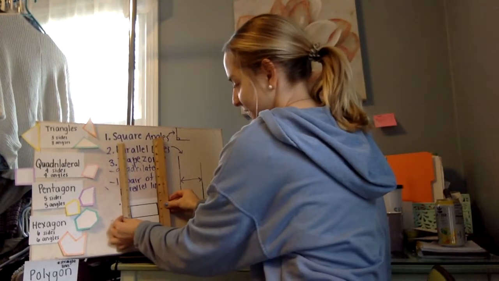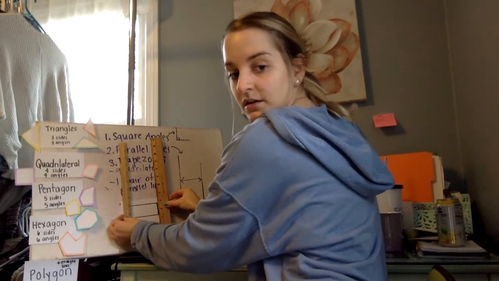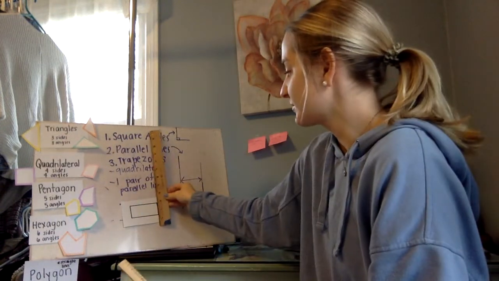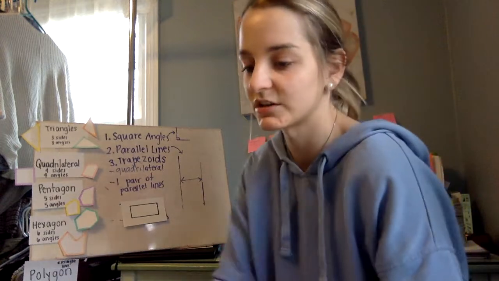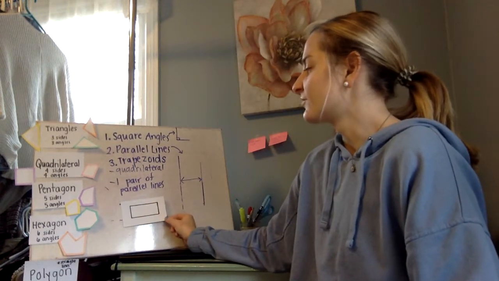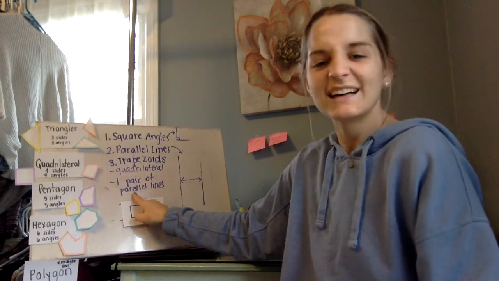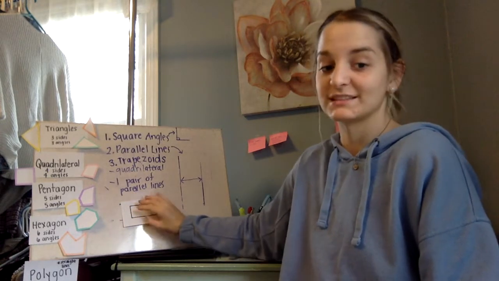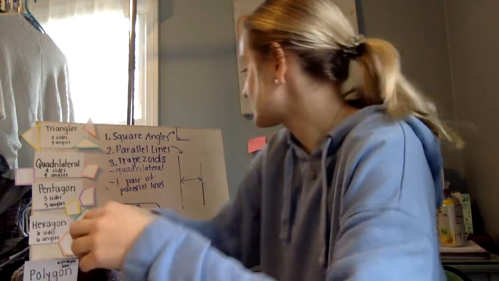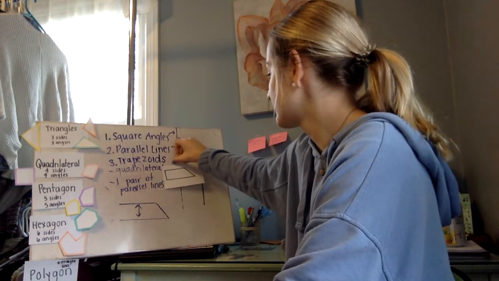Are these two sides parallel? Yes, because they'll keep going and they'll never touch. So, I know the shape is a quadrilateral, but it has two pairs of parallel lines, which means it is not a trapezoid. I'm going to leave this one up because we know it's a trapezoid.